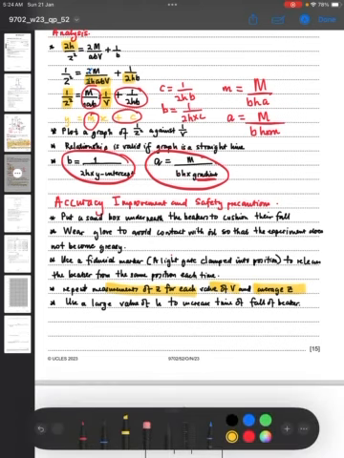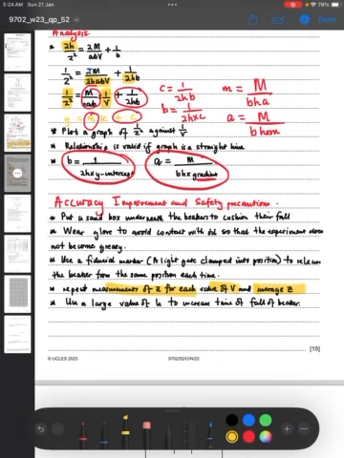So we want to make sure that the time of fall is not too short, because remember, if the beaker falls for a very small time, there are bound to be errors. Even with the light gates, there are going to be errors. The light gate, of course, is more efficient than the human, because a human has a reaction time error to start the stopwatch and then to stop the stopwatch, which introduces errors. But a light gate is more efficient. But still, the light gate itself has some reaction time error, which will introduce some small error.